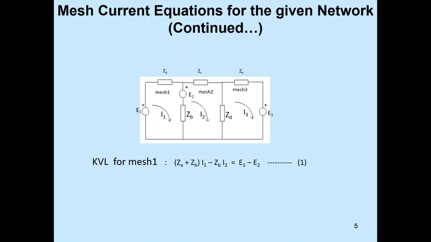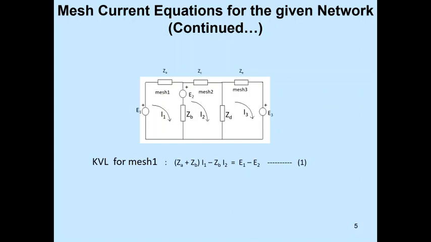Here you have to consider the direction: E1 and E2 are in opposite directions in that mesh equation. So (ZA plus ZB) into I1 minus ZB into I2 is equal to E1 minus E2.